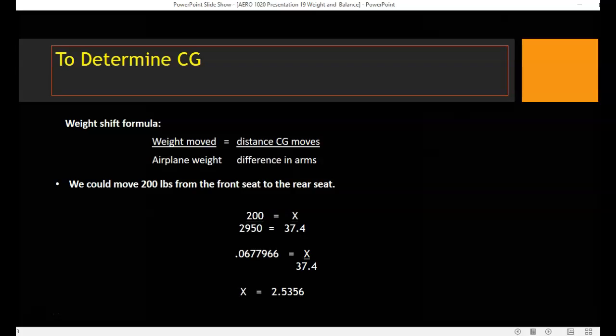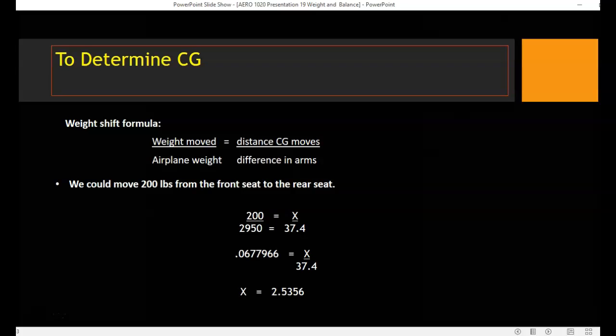So the calculation would be 200 divided by 2950 equals x, which is the distance that the CG will move, divided by 37.4, or the difference in the arms. Well, let's divide 200 by 2950 first. We'll get 0.0677966 equals x over 37.4.